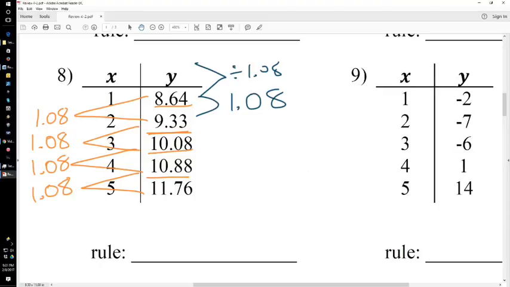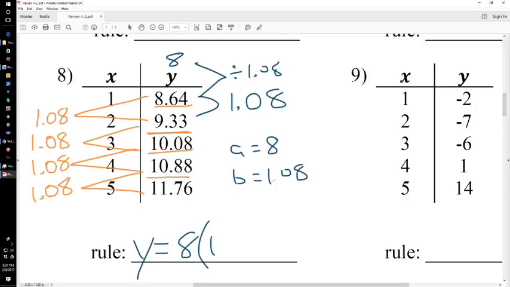So 8.64 divided by 1.08 equals 8, right on the nose. So my starting point is 8. My ratio is 1.08. Therefore, y equals 8 times 1.08 to the x. And that is a decimal right there, in case you were wondering.